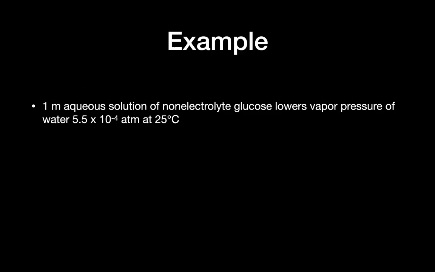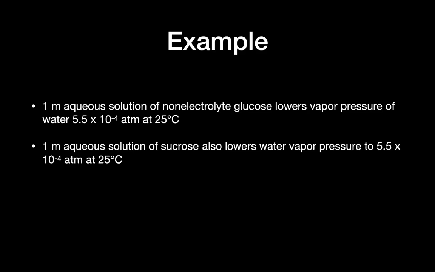For example, a 1 molal aqueous solution of non-electrolyte glucose lowers the vapor pressure of water by 5.5 times 10 to the minus 4th atm at 25 degrees C. A 1 molal aqueous solution of sucrose will also lower the vapor pressure by the same amount at the same temperature, because again, a colligative property is only based on concentration in molality, not on what the solute is.